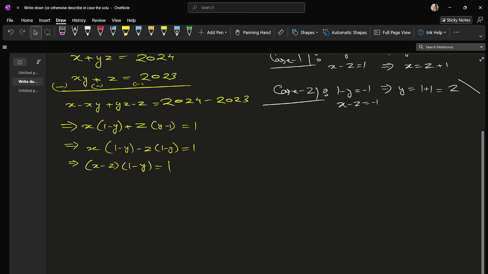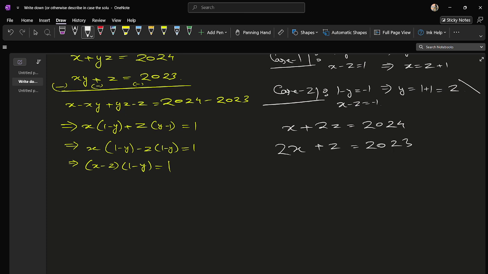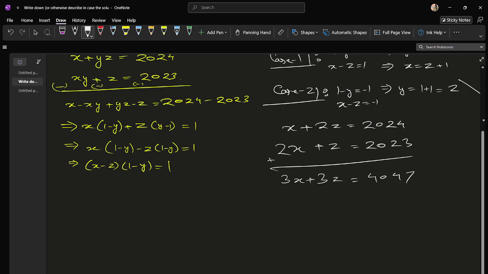In this case, if we put this in our given equations, we will get x plus 2z equals 2024 and 2x plus z equals 2023. So we can write that 3x plus 3z will be 4047 if we add these two, after substituting the value of y equals 2.